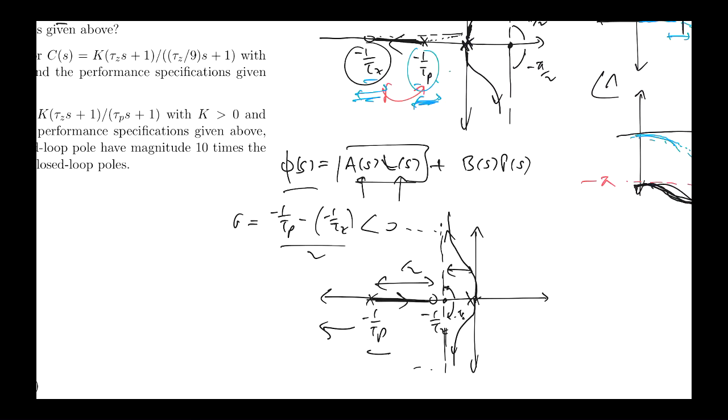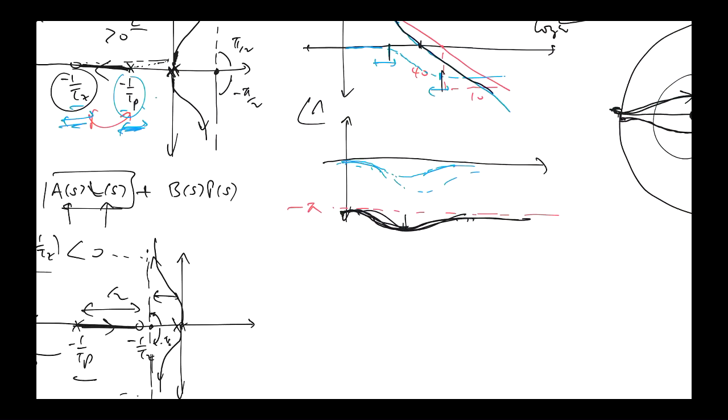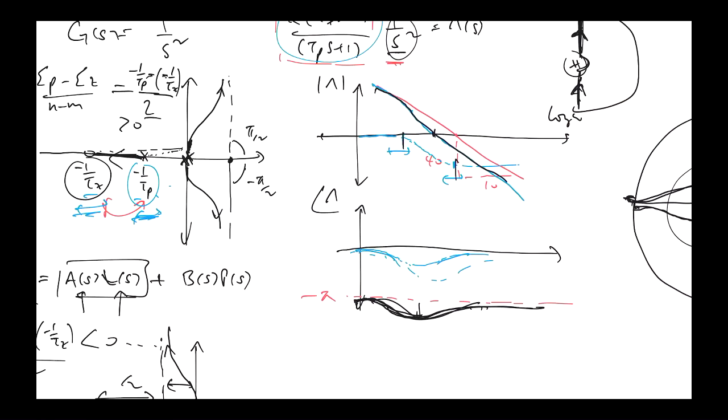All right? So if we think about what will happen to the Bode plot, well, the Bode plot will change relative to these guys, right? Because now the red line's the same, right? That's just the double integrator here.